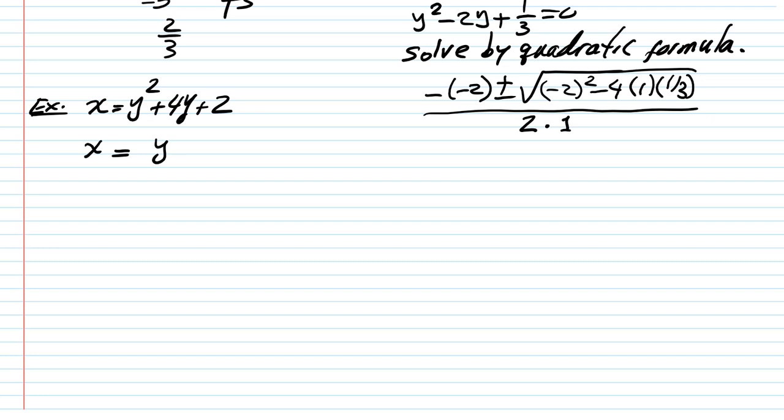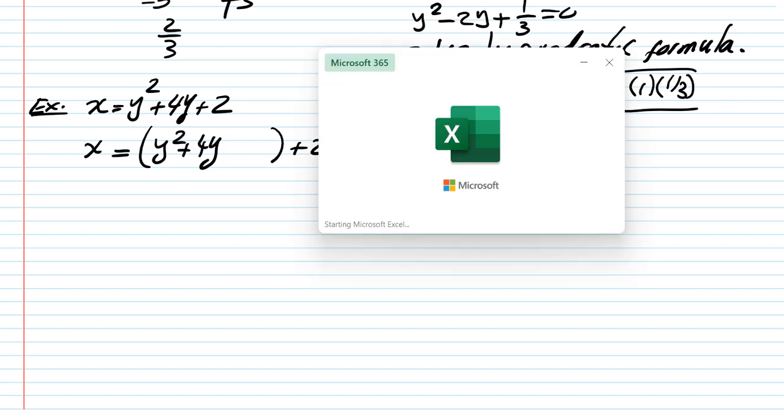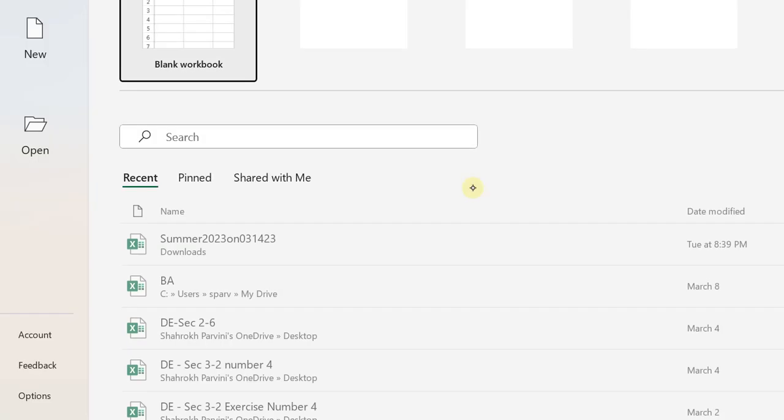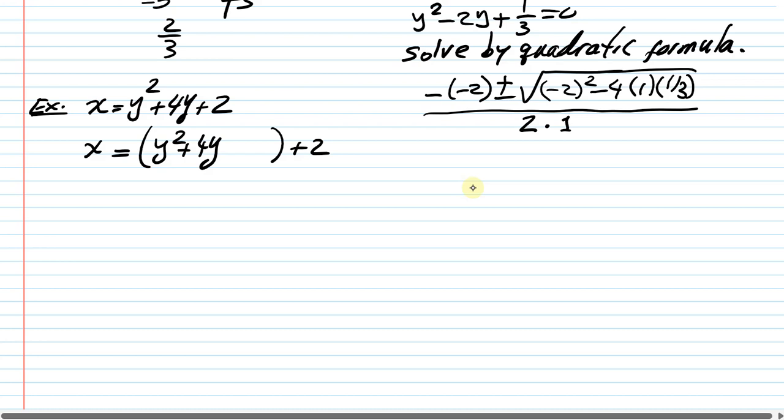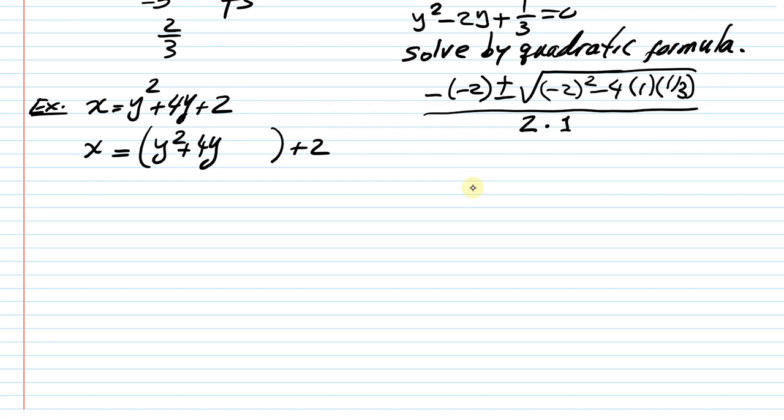So I'm going to go y squared plus 4y and push 2 out of the way. Now remember, to complete the square, the coefficient on y squared has to be 1. Keep that in mind, which it is 1. If not, we have to factor something. And that coefficient is 1.